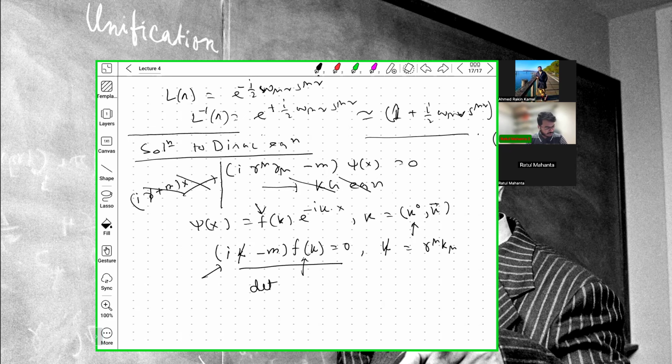It means that this operator, okay, I should not have this i there, because when you use del mu on e to the power i k dot x, there is minus i k mu, and there is i in front of that, so it will lead to k mu, and there is gamma mu outside, so it will lead to k slash.